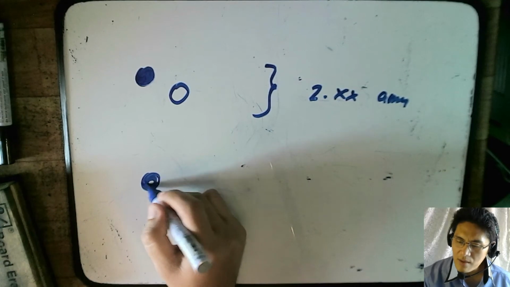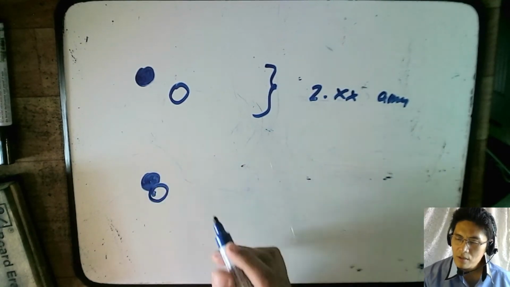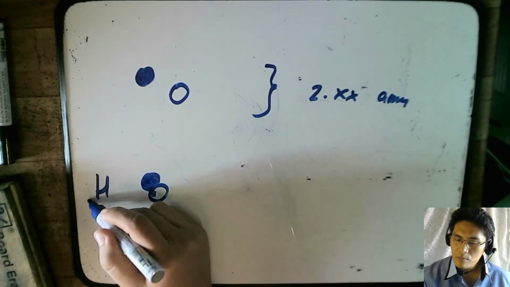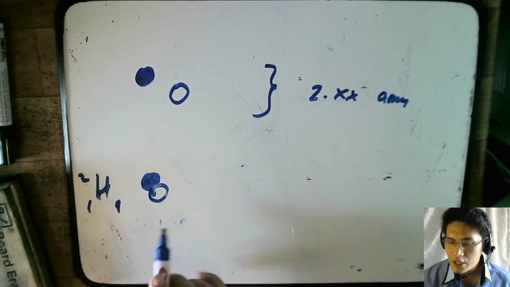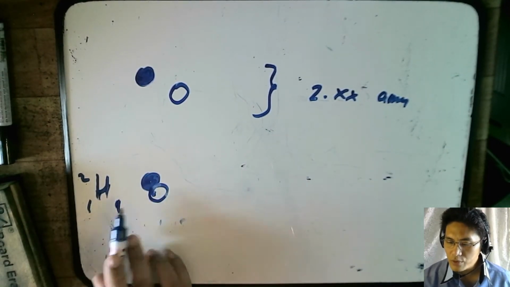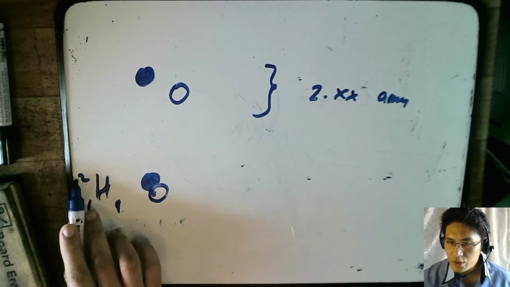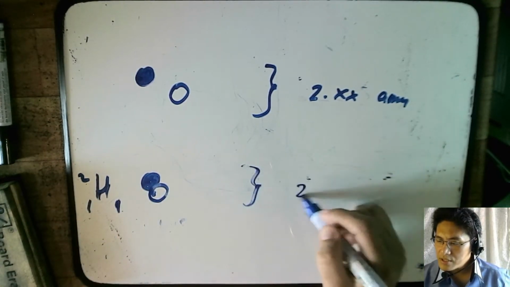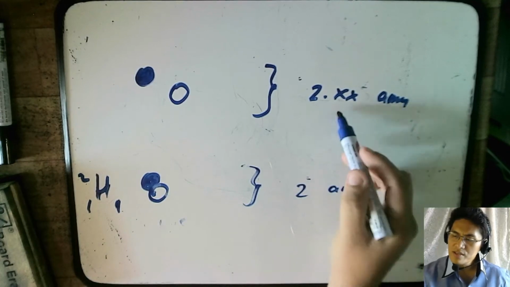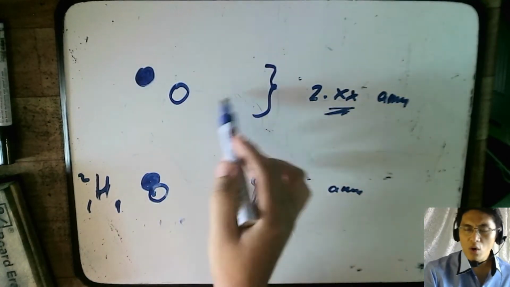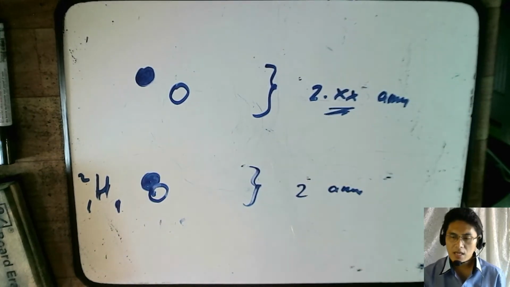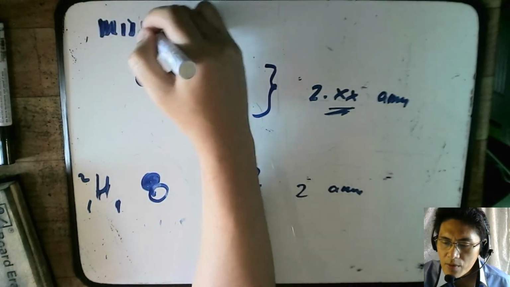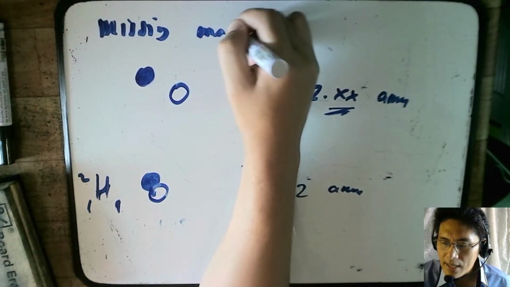But if you bind them together to make hydrogen 2, hydrogen with one proton and one neutron, its mass is just 2 AMU. So there's this difference, and this is always heavier than that. Okay? So there's this problem of missing mass.